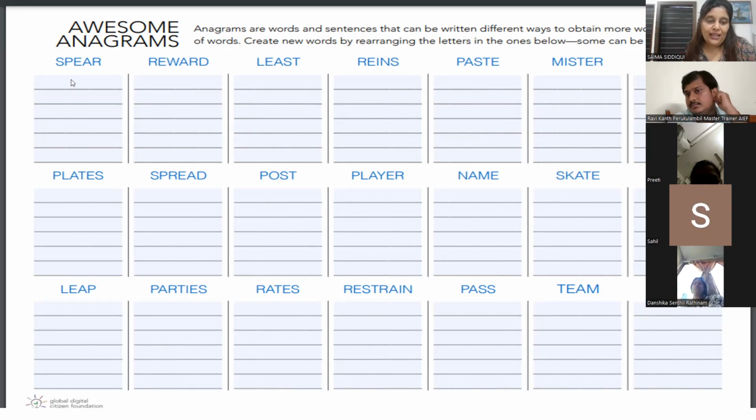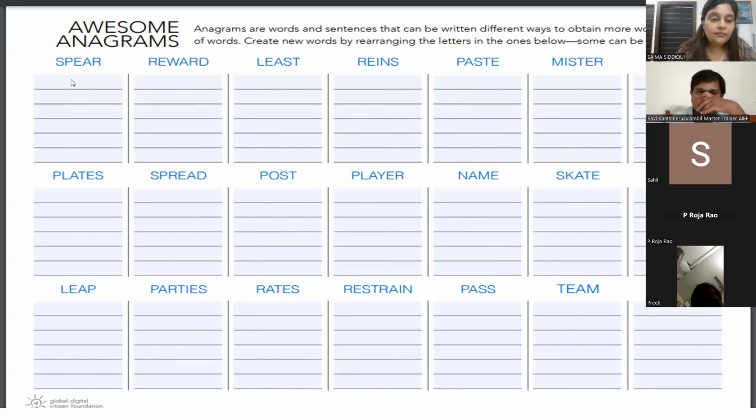Reaps. Okay, now let us see the next word, REWARD. What more new words can be formed by rearranging the alphabets of this? Read.